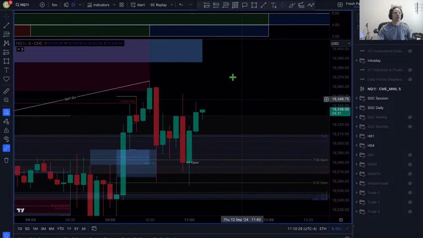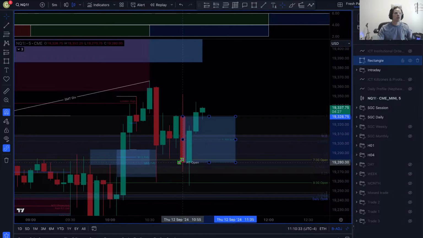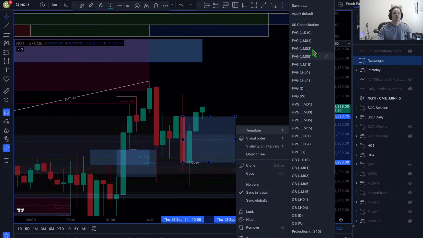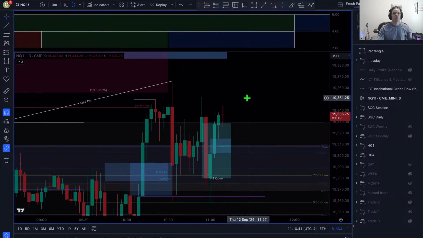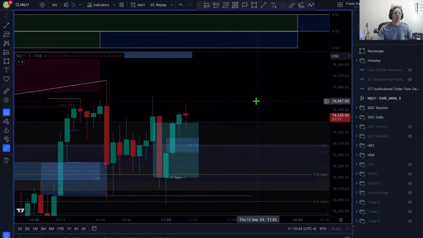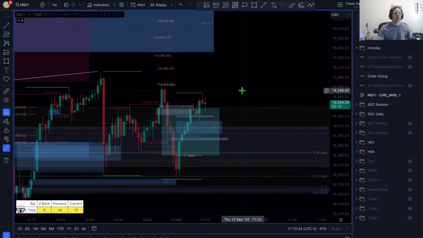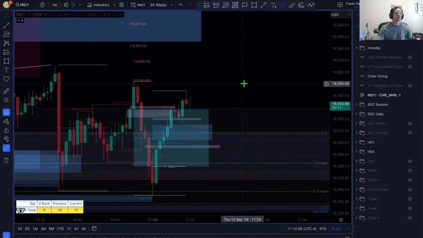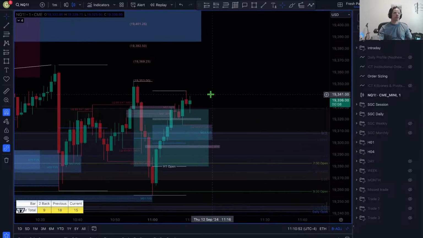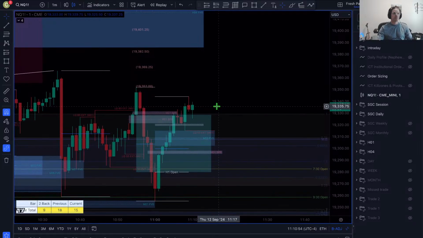5 minute did close up, so now we're in this 5 minute order block. I could see grabbing an entry somewhere around here. We're in the 3 minute, 5 minute. That was a close on the M1.